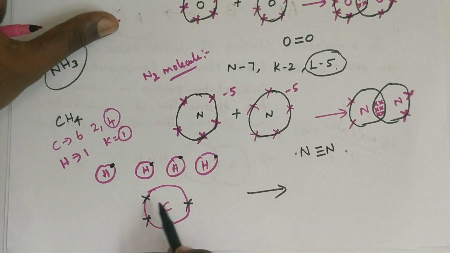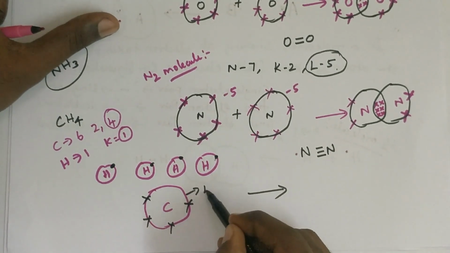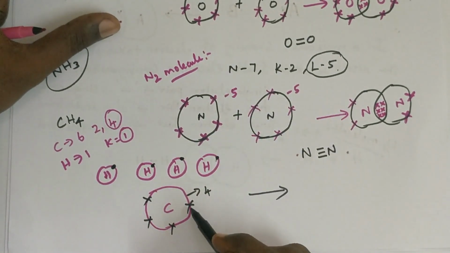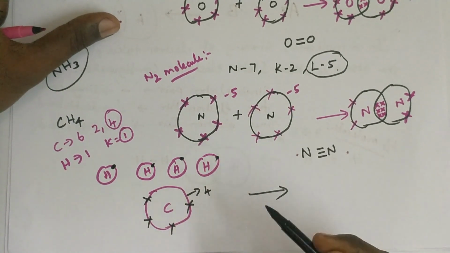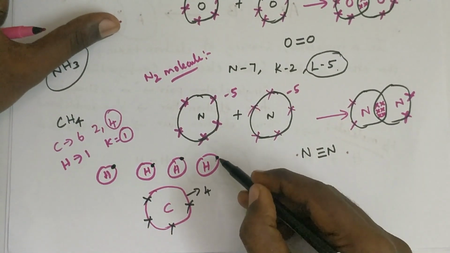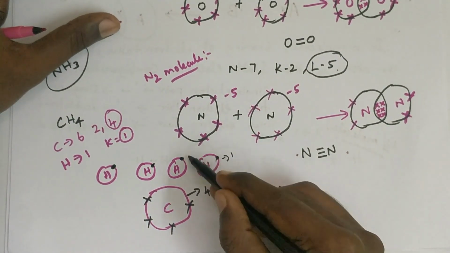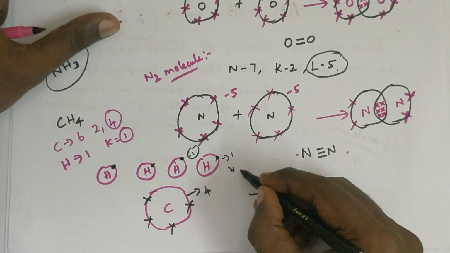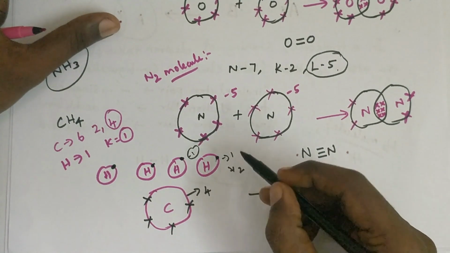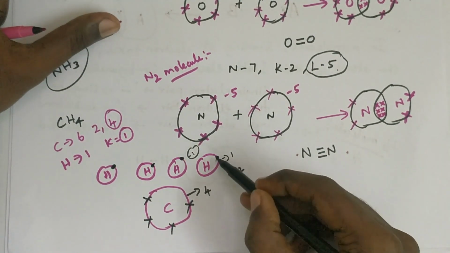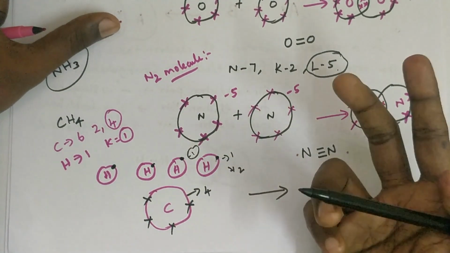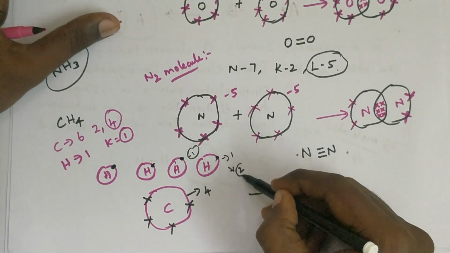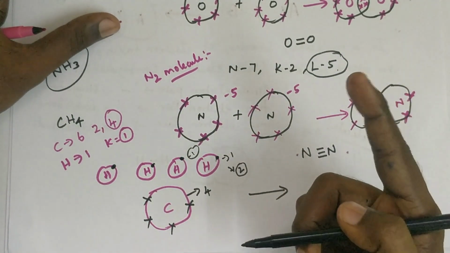Carbon valence electrons are 4. So it needs 4 electrons to attain 8, that is octet configuration. And you see hydrogen valence electron is 1. To attain stable configuration of duplet, it needs 1 electron.